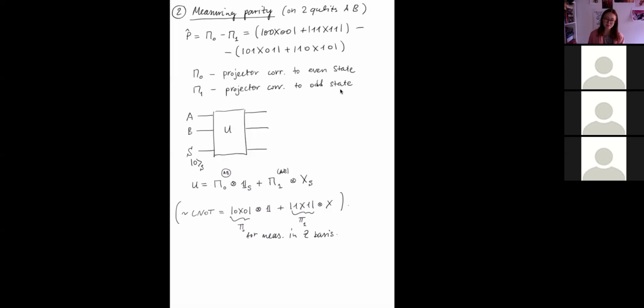So this gives us the recipe of how to construct the measurement if we're looking at some observable, how to construct this unitary measurement. You just have to find the projectors which correspond to this observable, and then write down this controlled operation on the memory qubit, which would describe what happens to this memory qubit for different projectors which correspond to different measurement outcomes.